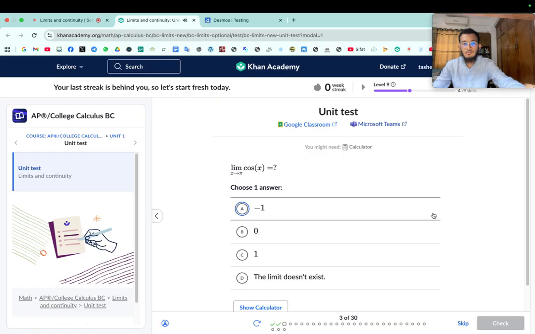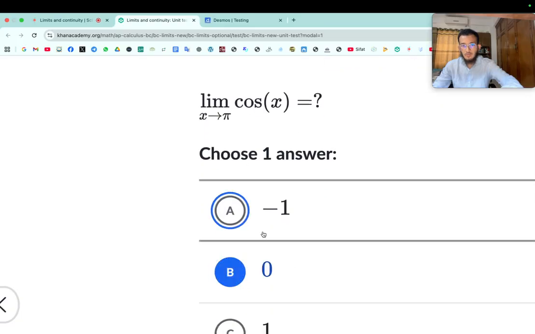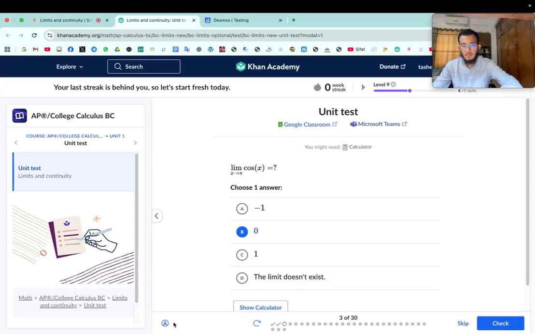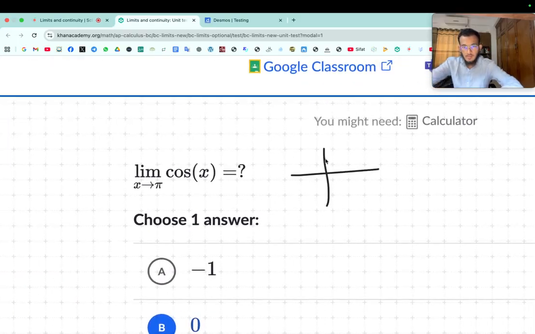All right, what is the limit of cos x as x tends to pi? Well, it's 0, because we know that cos pi is 0. And pi is 180 degrees, and cos has a graph of something like this. So this is 0, this is pi, and wait.